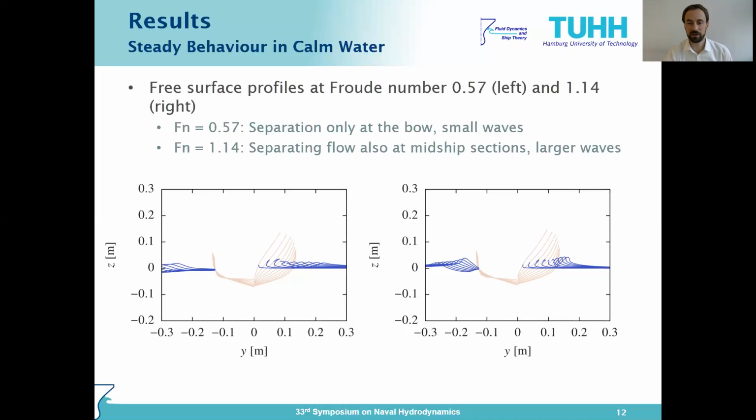It can be seen here that for Froude number 0.57, there are just moderate deformations of the free surface, just a little flow separation at the bow. This becomes much more violent at Froude number 1.14, where this flow separation extends further aft and the deformations become larger.